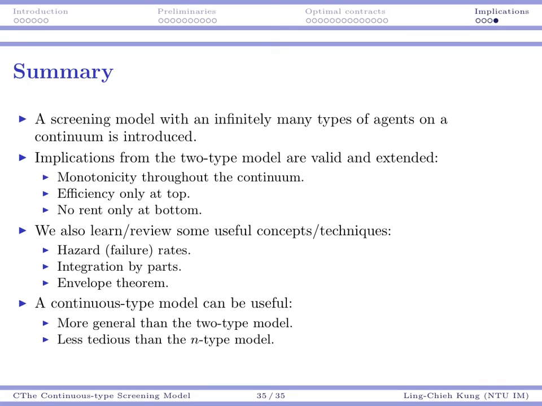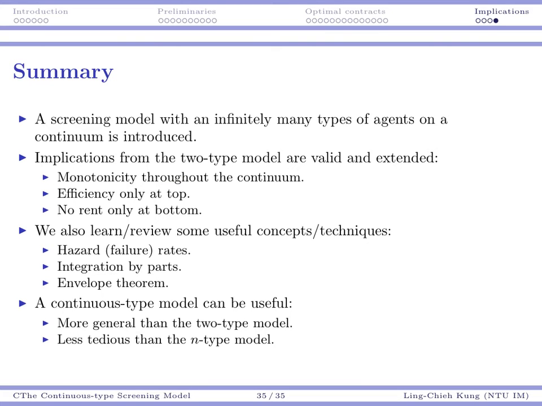Okay, so summary. We have introduced a screening model with infinitely many types of agents on a continuum. Okay, a continuous type screening model. All those implications from the two-type model are still valid, and moreover, they are also extended. We had monotonicity. Now monotonicity is still true throughout the continuum. It's not just one being greater than the other.